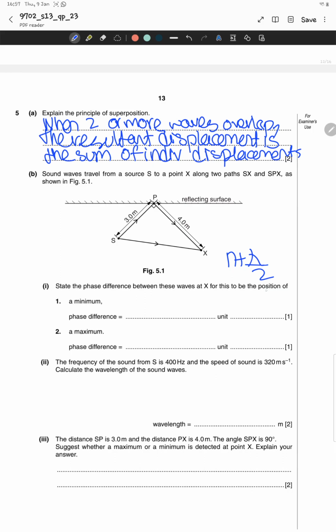Sorry, this is not path difference, this is phase difference. So the phase difference for destructive interference is 180, and for maximum, it's either 0 or 360. I was thinking about path difference. Sorry. So obviously the unit is degrees.